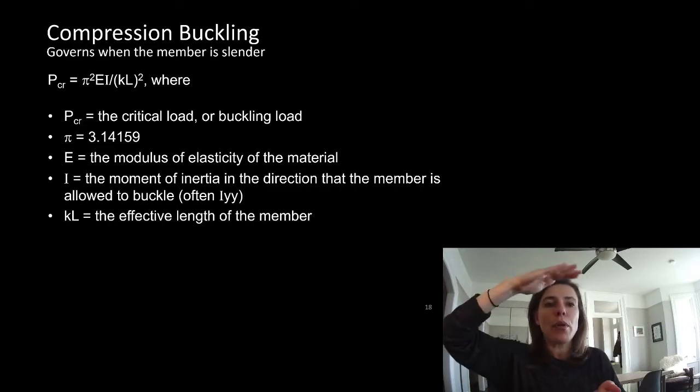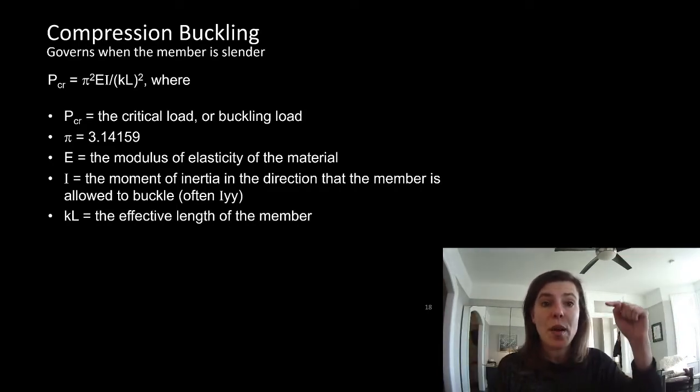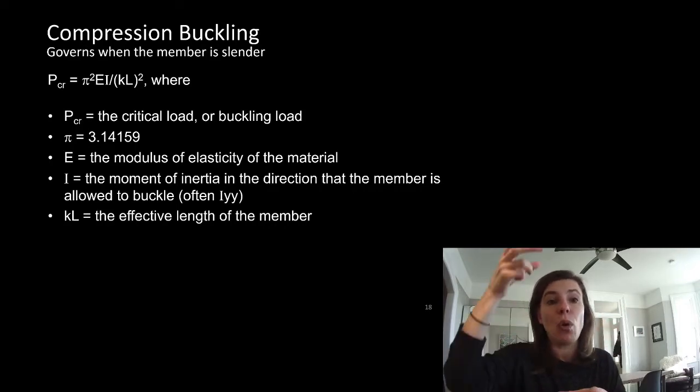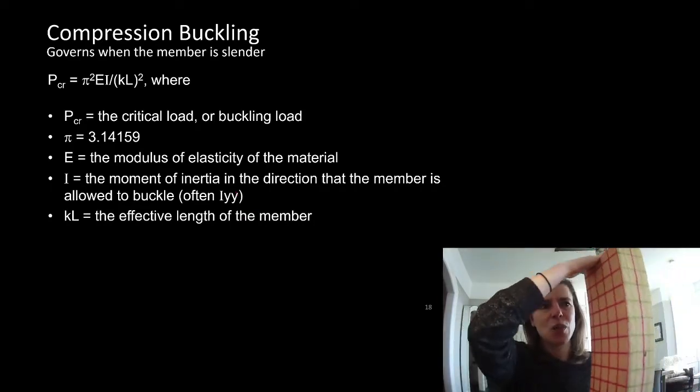If you guys remember our multi-story columns, we had braces or we had pins at the loads because it was held in place by the floors there. Well, we could put a brace somewhere else on that member if we wanted. So we have to be smart about where or what direction it's trying to buckle. For our steel columns, it's often going to be about the YY axis or in that weak direction. You can imagine that that's the weak direction.